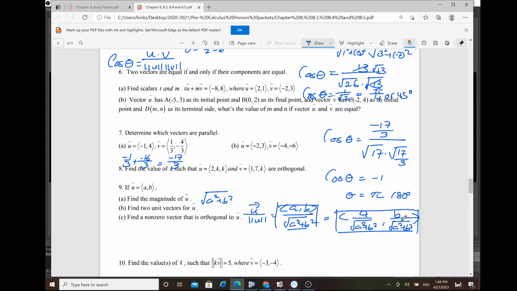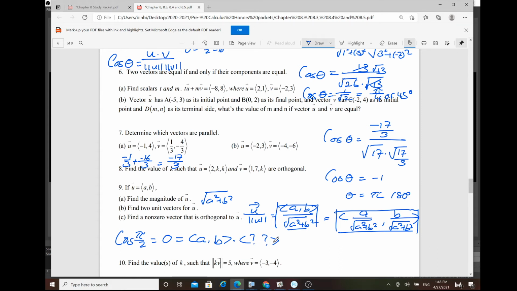Okay, so orthogonal to u, so that means cosine of pi over 2, so that means it's going to be 0. So the dot product has got to be 0 for this vector. So in order to get that 0, a comma b dot question mark equals 0.